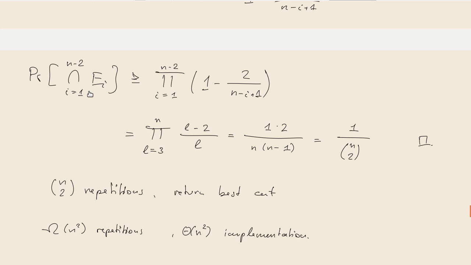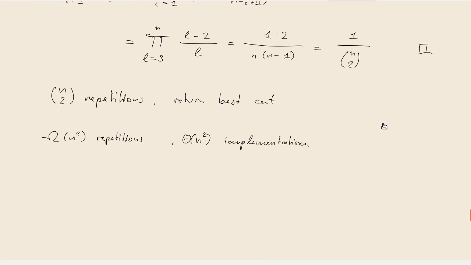That's exactly what we're looking for. And so the way out will be to stop a bit before the probability becomes too small to still have a safe edge.